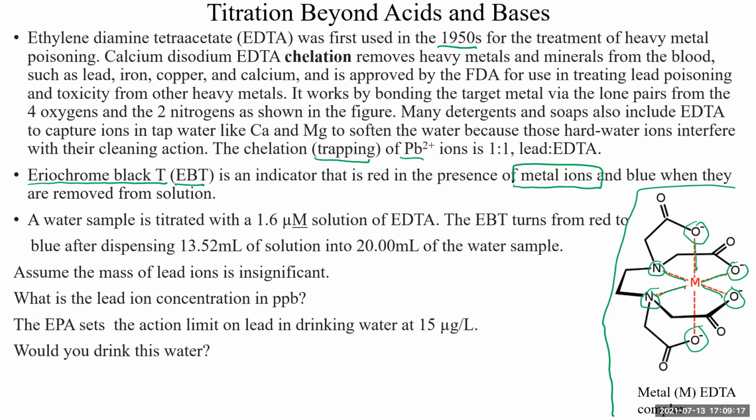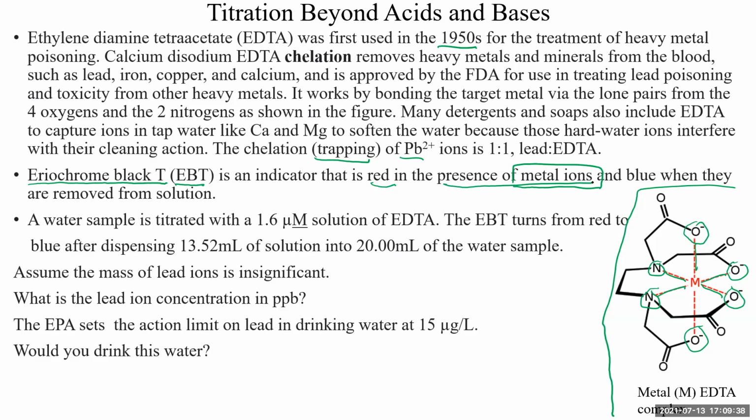So Eriochrome Black is an indicator. Its endpoint is the transition from red to blue or from blue to red. Okay, so it's an indicator that is red in the presence of metal ions. So if there are metal ions in the water, it's red.